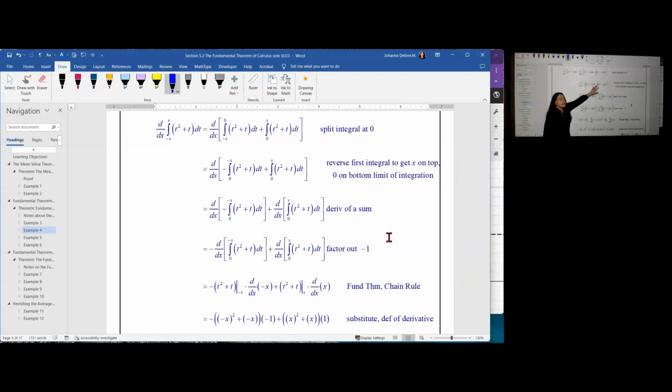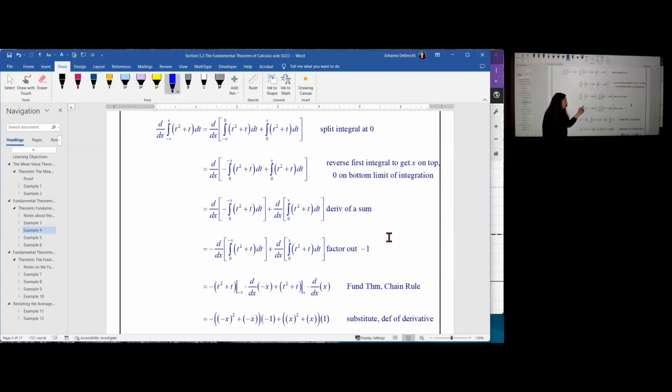Because we have the sum of two integrals, and the derivative of a sum is the sum of derivatives, I can split it into the derivative of the first integral plus the derivative of the second. And in fact, I can factor this -1 on the first integral out of the derivative. That's a derivative property.